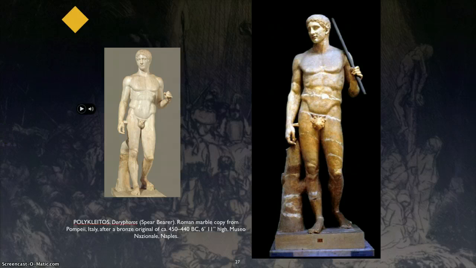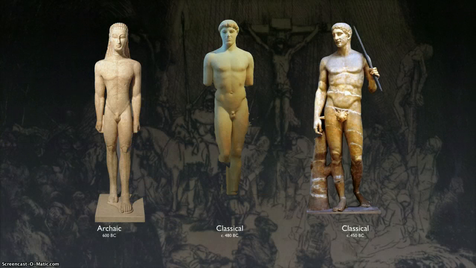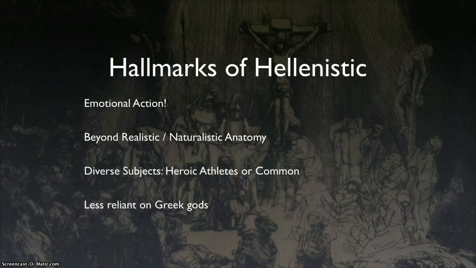Now, very quickly here, going from archaic to classical, and after the classical, I'm skipping quite a bit here, we have Hellenistic. And very quickly, the Hellenistic is all about emotion. It's beyond realism.